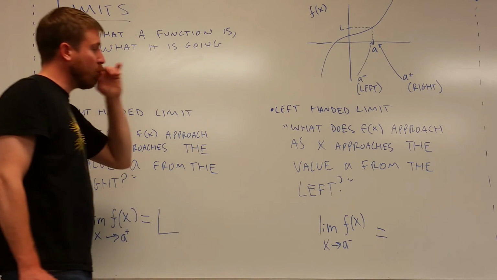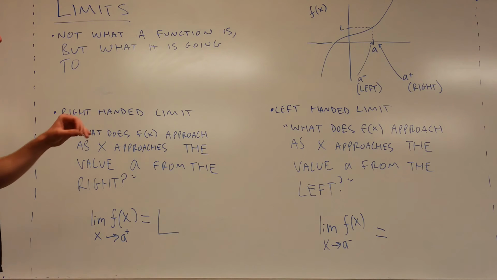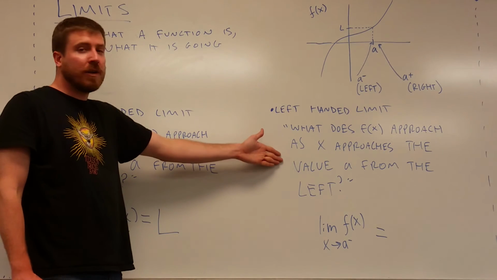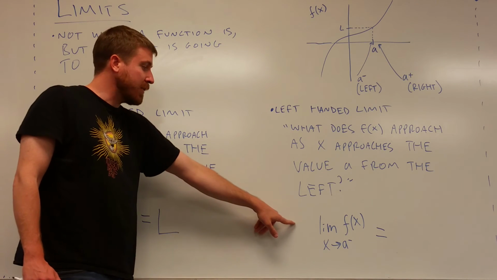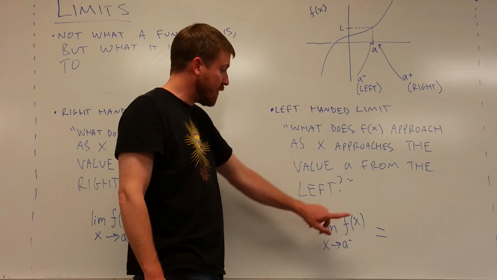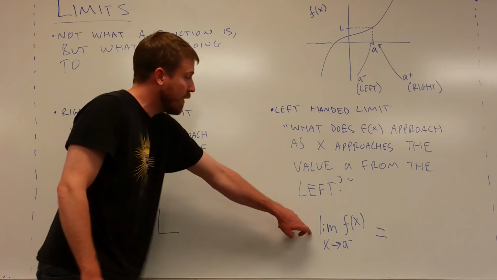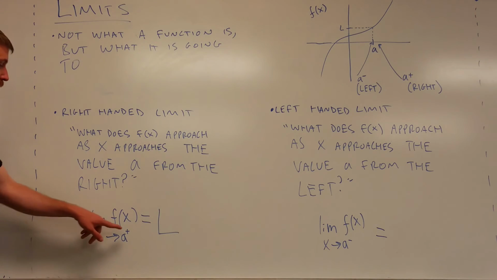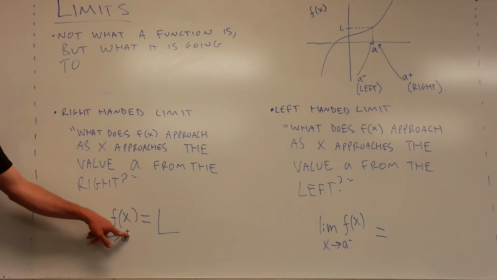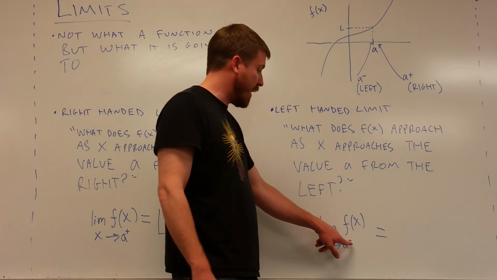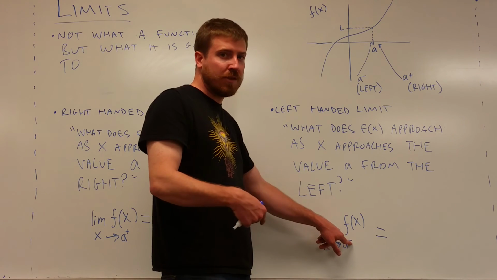So if we wanted to write the phrase, what does f of x approach as x approaches the value a from the left, in an equation, we would write it as this: the limit of f of x as x approaches a minus. Now the only difference between this equation and this equation is we have a plus sign here indicating right, meaning greater than a, and here we have a minus sign indicating left, meaning less than a.